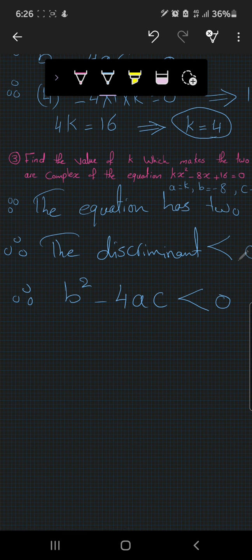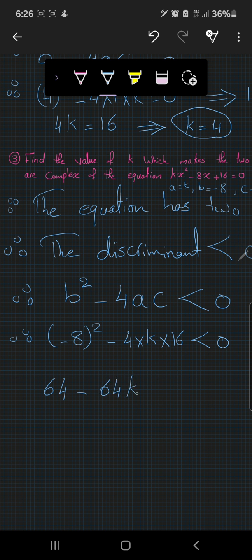By substitution, (−8)² − 4 times k times 16 < 0. 8² is 64. Negative 4 times 16 is negative 64k, less than 0.